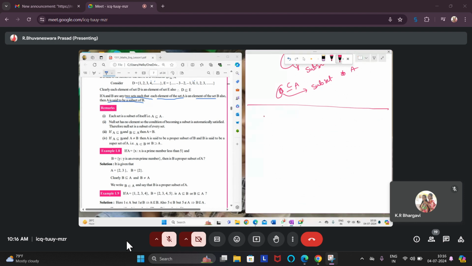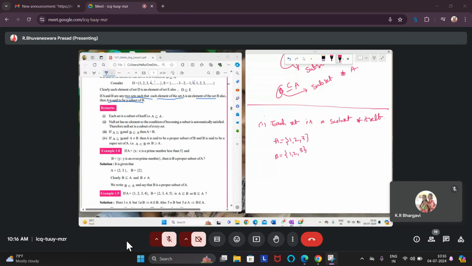So for the first condition, each set is a subset of itself. The best example: A equals {1, 2, 3}, so B equals {1, 2, 3}.